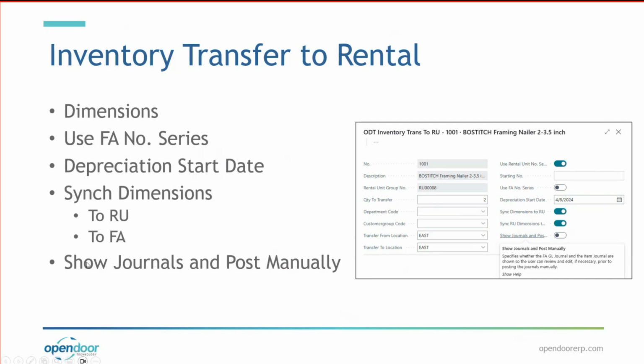And then finally, the last thing is to show journals and post manually. So this allows you to actually see the journals for the fixed asset GL journal and the item journal, and if necessary, make adjustments. Okay, so let's jump into that.